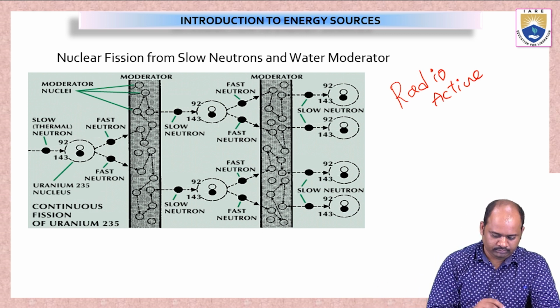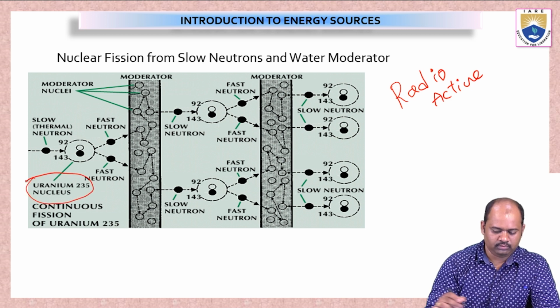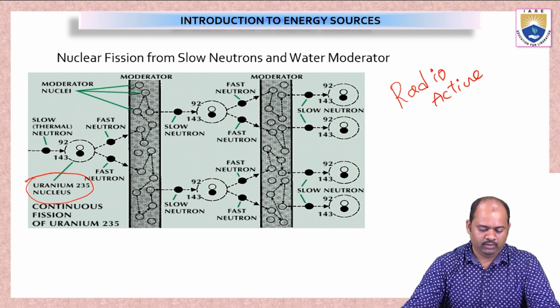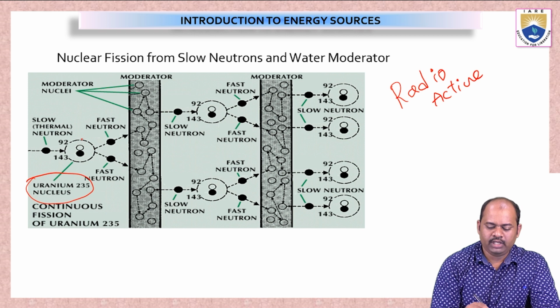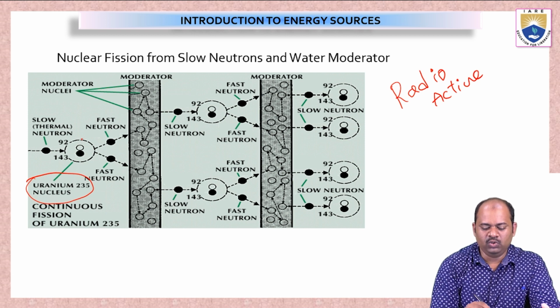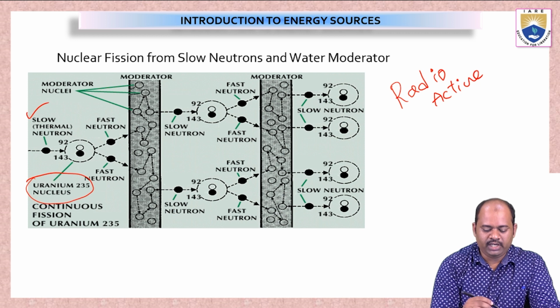Now see here, we have a uranium molecule, uranium-235, where a slow neutron, meaning we are supplying some energy in the form of neutrons, hits the uranium nucleus.